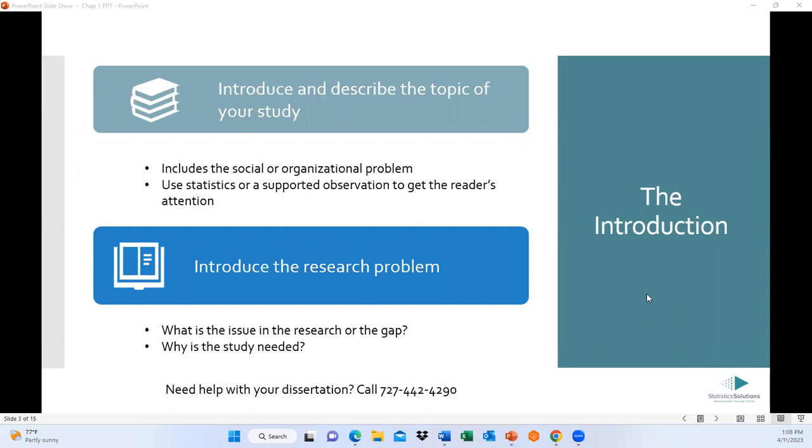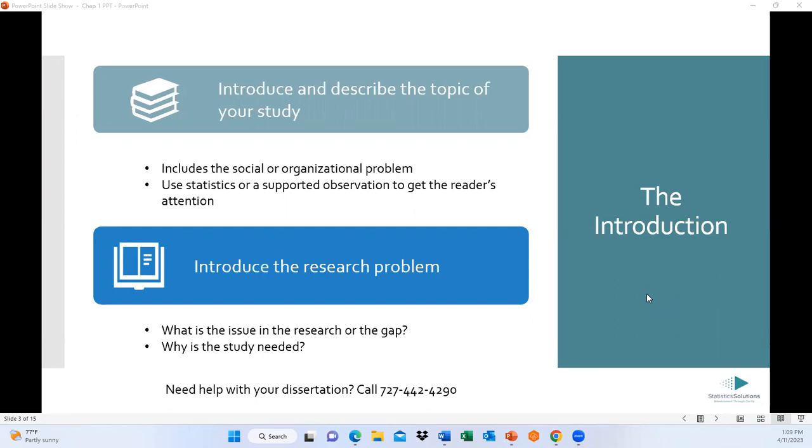Okay, we have the social problem. The research problem is related, it's a little different. So now that we have this problem, what kind of research is there on it, right? There's usually been some research done on it, but maybe not the kind that you're proposing or from the specific angle that you're proposing.